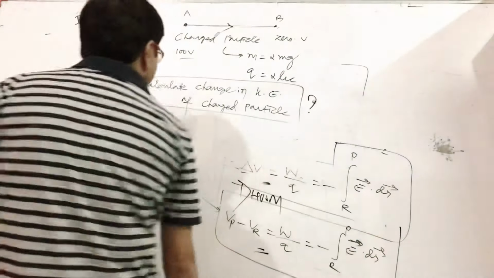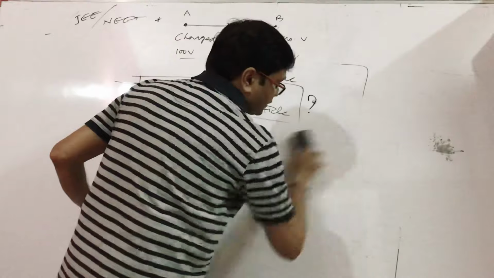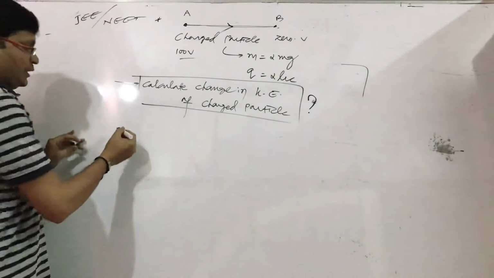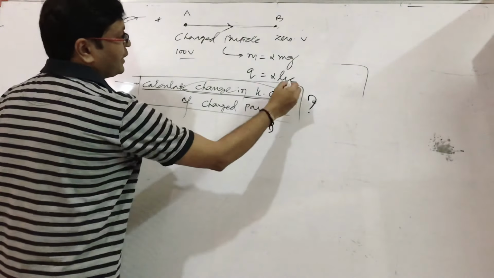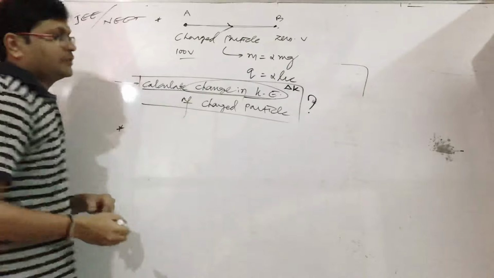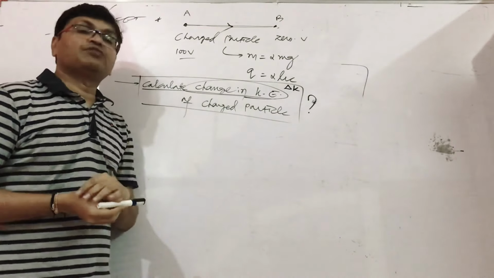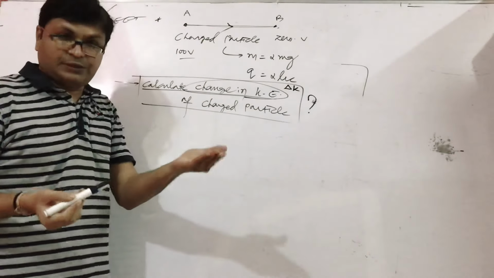Okay friends, so now we try to solve it. Whatever answer you have, match your answer with the correct one, but try to check it. Your target is to calculate the change in kinetic energy, that means delta K. You know very well that change in kinetic energy is associated with work done, and work done is associated with potential or potential difference.